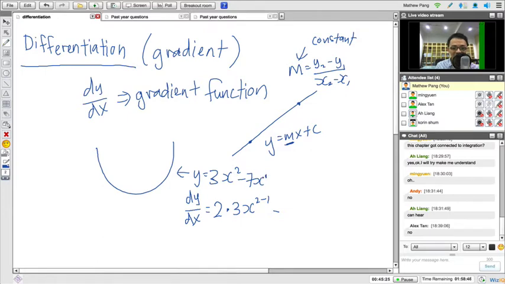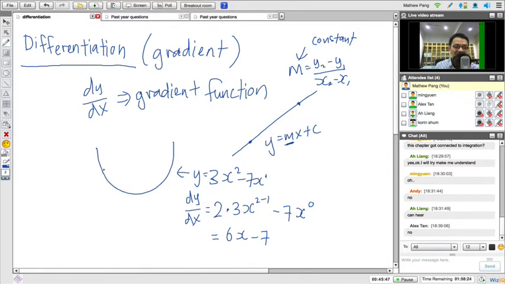So I move the 1 in front, I get the same 7, and 1 minus 1 is x to the power 0. So after I differentiate, I get 6x - 7, because x to the power 0 is 1. So you got 6x - 7, which is the gradient of the curve.